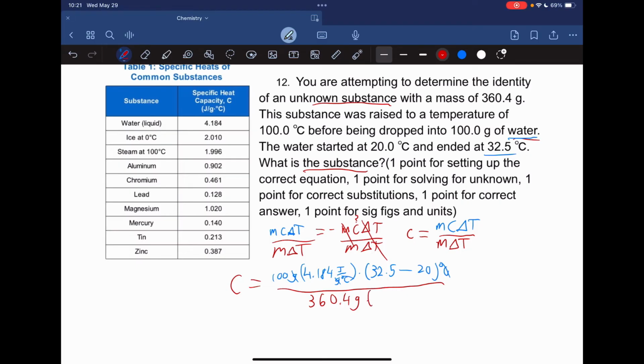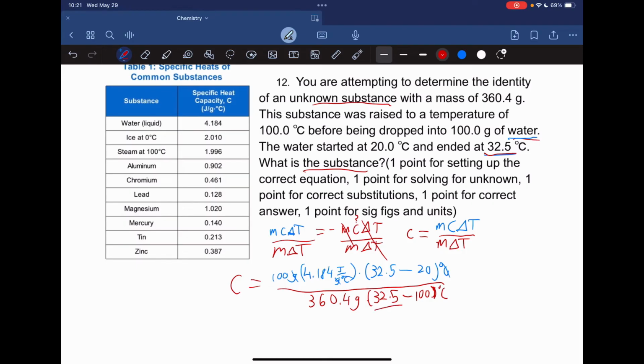So we need the final temperature of the substance, and the key here is that the final temperature of the substance is also the final temperature of water. So we also get 32.5, and we subtract out the initial temperature of the substance, which looks to be about 100 Celsius. Now, there is one mistake I've made.